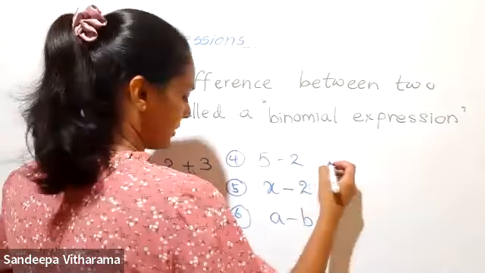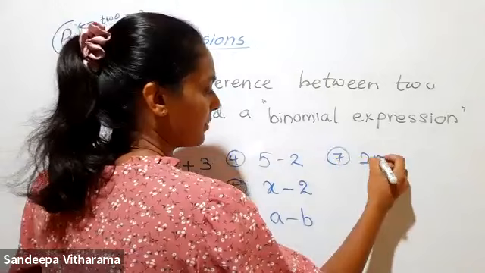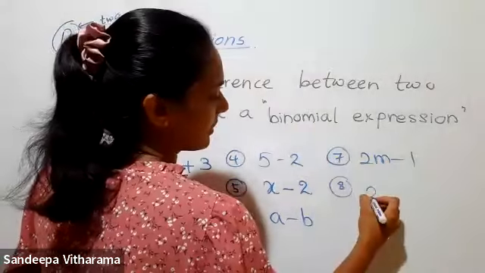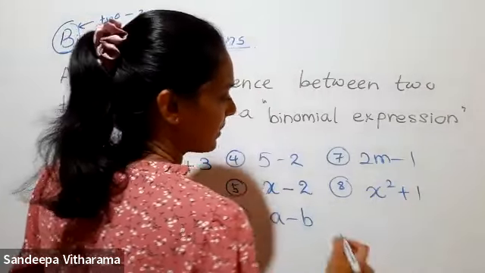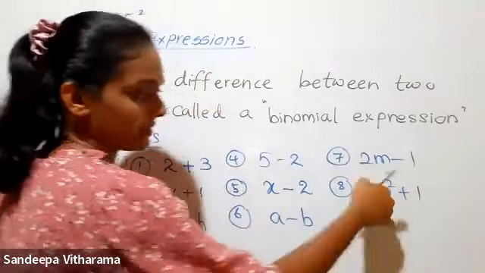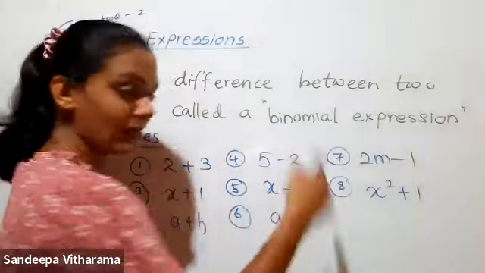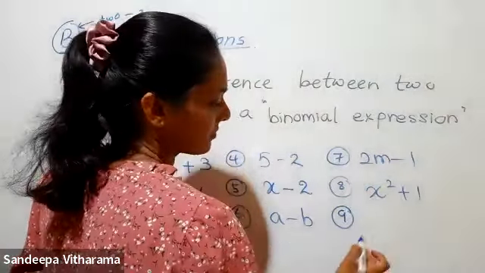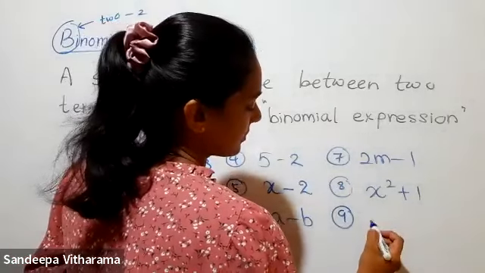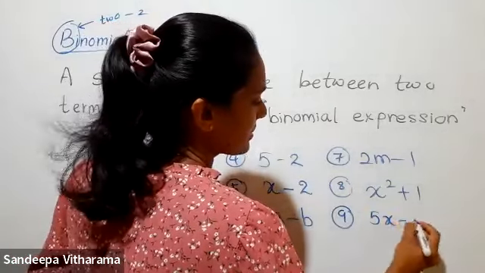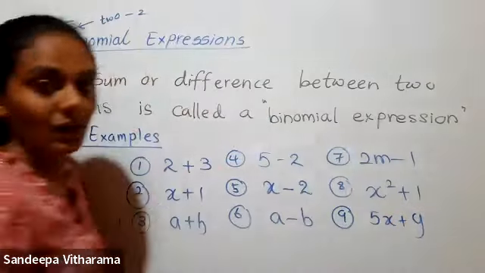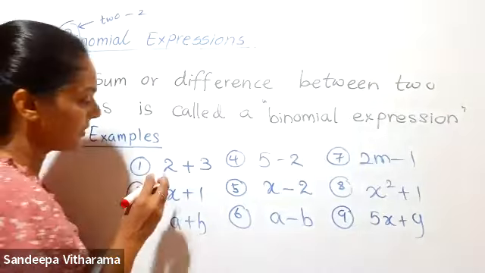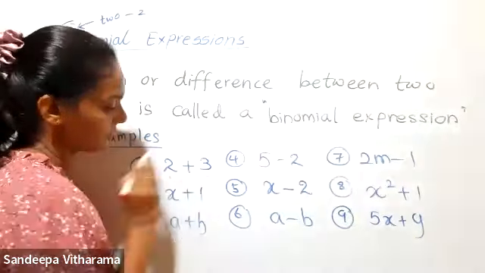And 2m minus 1. x squared plus 1. It doesn't matter. Here x squared means one term. 5x added y. All these consist of only two terms. Can you identify here, 1, 2?